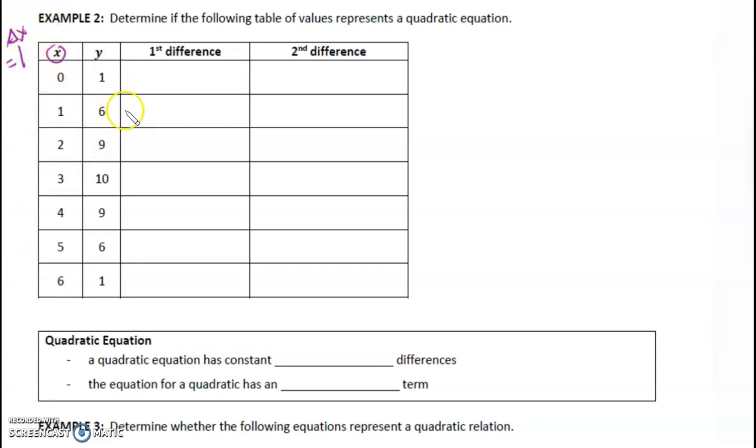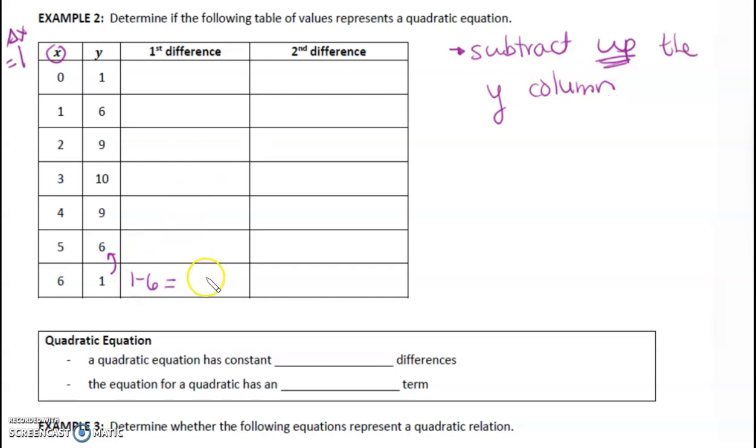So how we do that is we go up the y column. If you need to make a note, say subtract up, not down, the y column. So we have 1 minus 6, which we get -5.